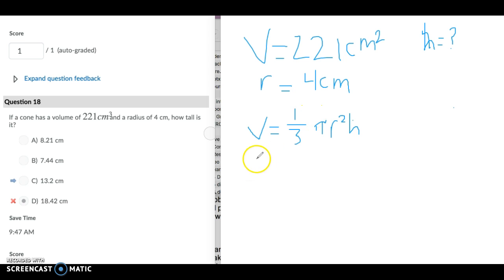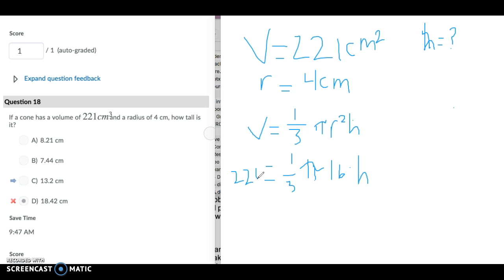So let's just plug in what I know. 1/3 pi, when I plug that into my calculator, I'll just use 3.14. And radius is 4, squared is 16 times h, and I know that my volume is 221.